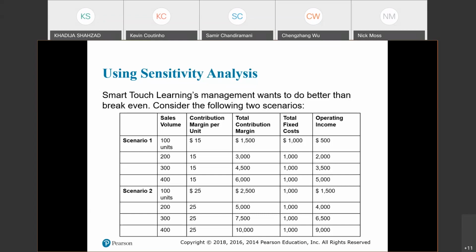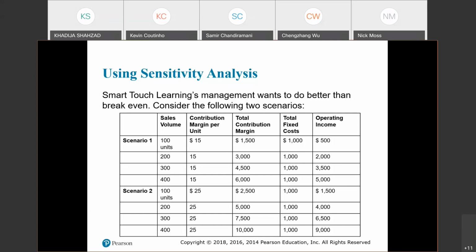Management can use contribution margin to predict the changes in operating income when volume changes. In the short term, managers may not be able to reduce fixed costs to increase operating income, but they may be able to increase contribution margin.